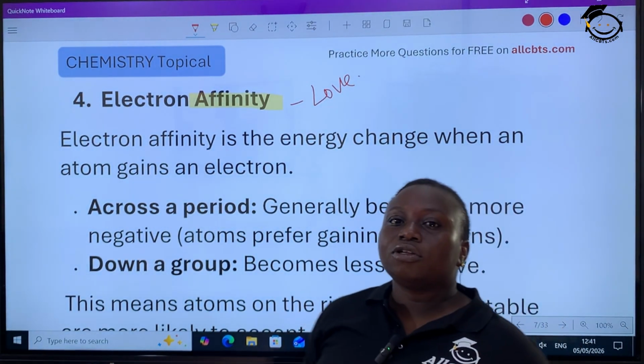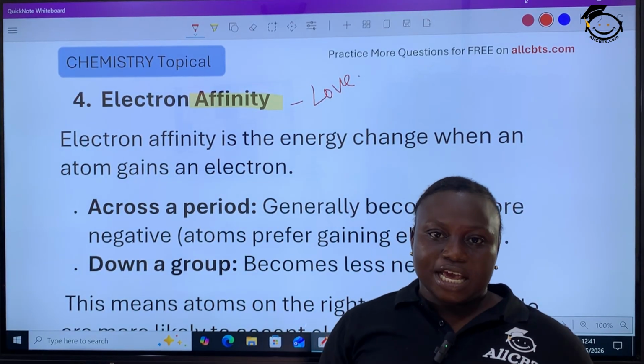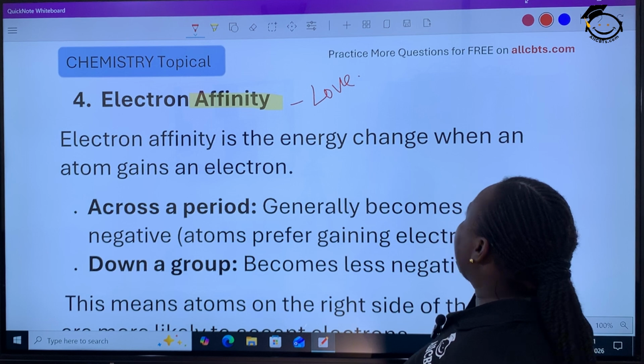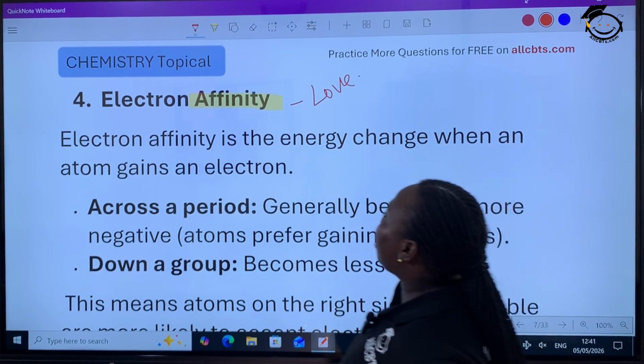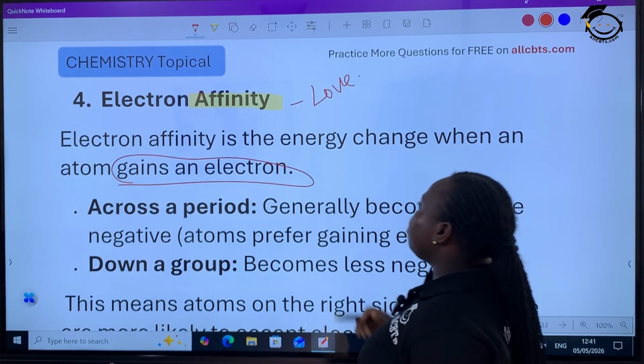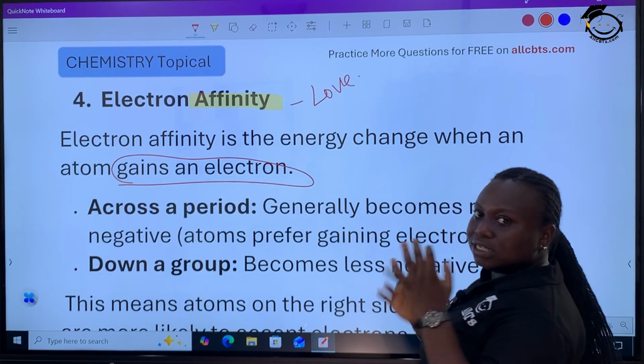Which one will have the love for electrons? That we're talking about. So it is the energy change when an atom gains an electron. Now let's look at an example down the group.